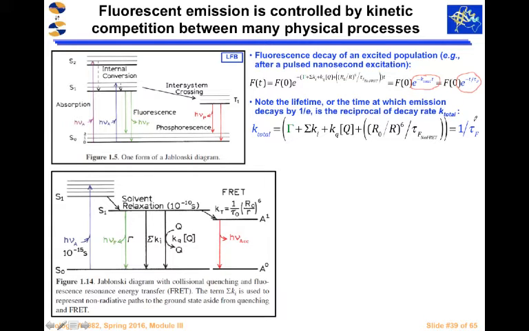Again, simple math, maybe a little more complicated in terms of understanding physically what's going on. Now, ultimately what we want to do is understand how the observed fluorescence is influenced by the competition between these different decay processes.